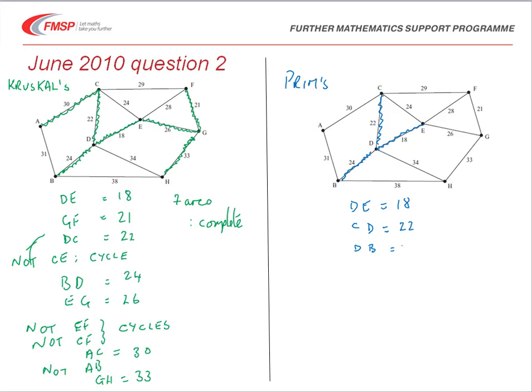Size 24. And then we'll say not CE, because that would produce a cycle. Looking again at every point that we've reached so far, and see what's the next smallest one coming from that, and we see that it is EG of size 26, weight 26.